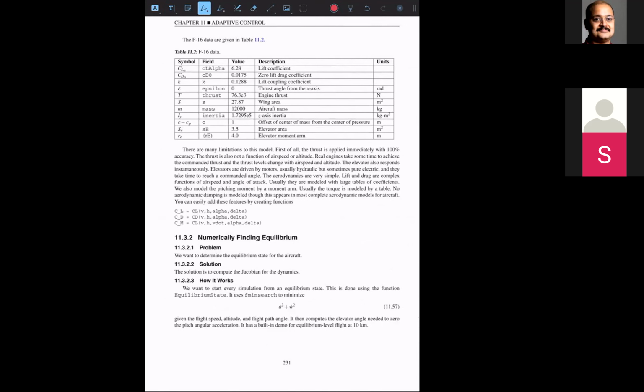Means find the equilibrium where the aircraft is in the stationary flight. Aircraft trimming means aircraft is stationary flight. Aircraft cannot have zero velocity. Okay, so aircraft has to have some forward velocity.